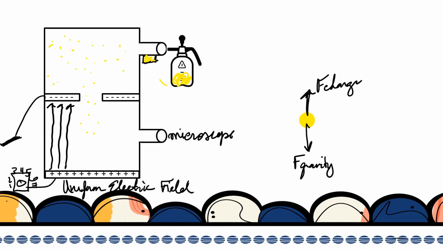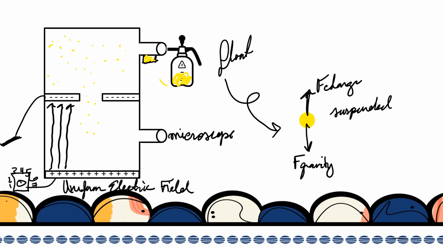Okay. So when these forces are the same, then the oil drop will be suspended. This means it's just floating in air. And this tells you, because the force of the charge is in the upward direction and the force of gravity is in the negative direction, if it's just floating and staying in one spot, those forces must cancel out, right?